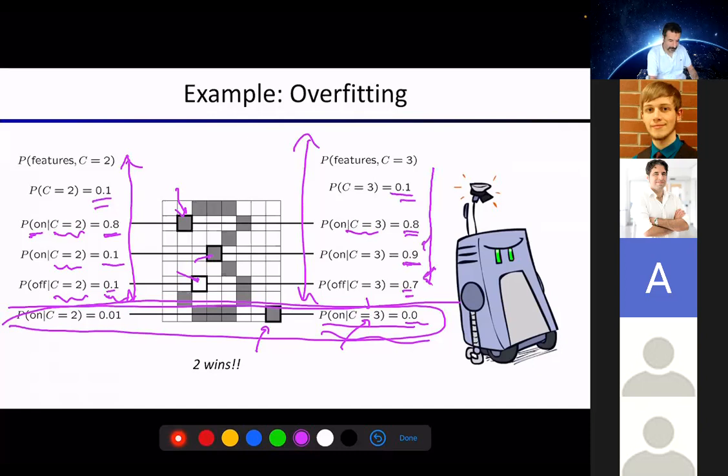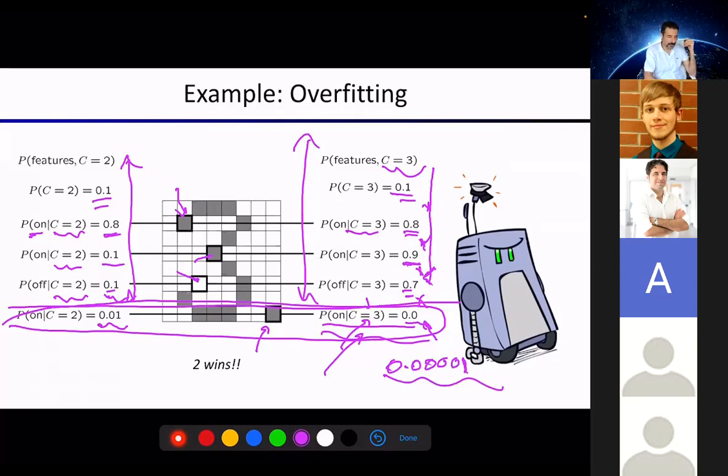So far 3 was winning, but only because one of these was 0. This other one was also very small, but not 0. This makes it 0 probable because you multiply these together. Everything was turned the other way around as a result of this value becoming really 0 instead of 0.00001. And that is called, again, overfitting.